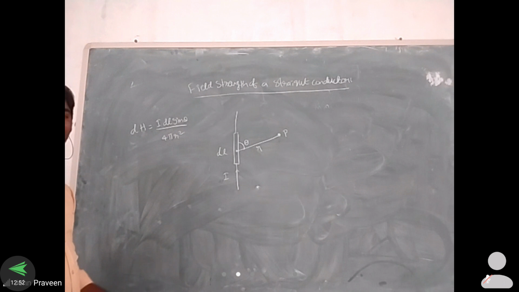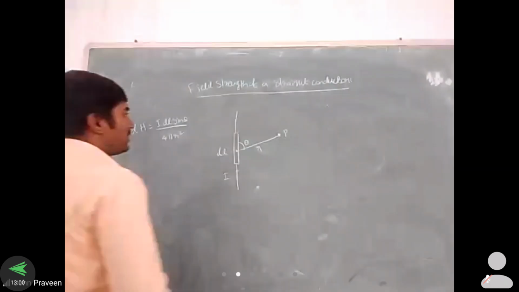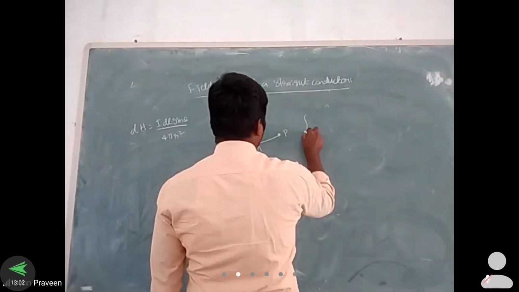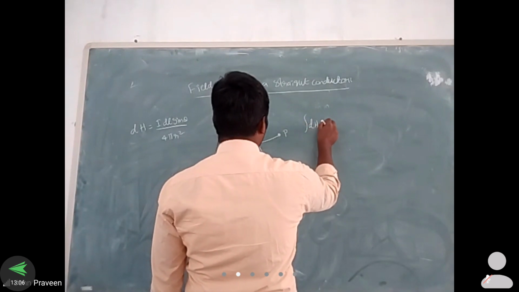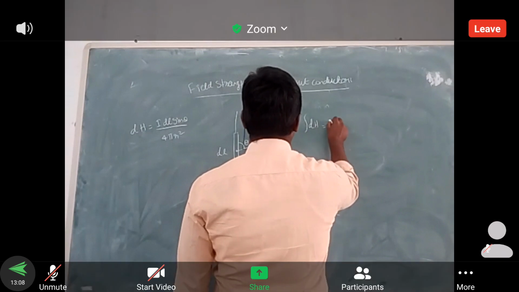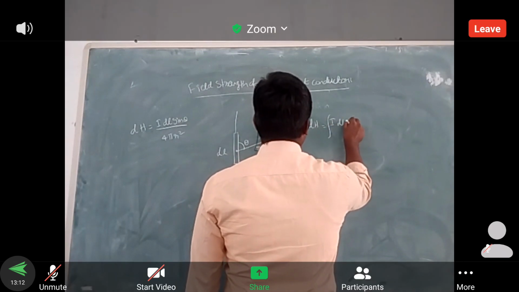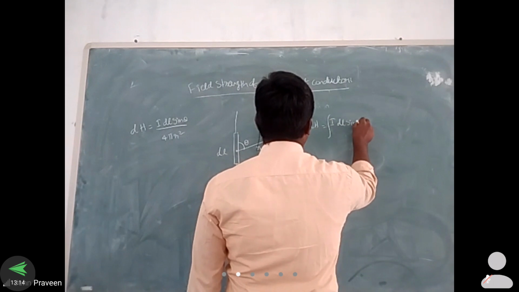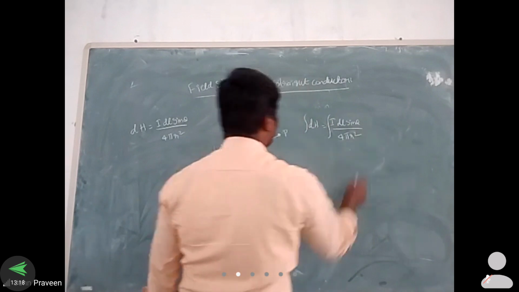So just we are taking the integration. We apply the integration on both sides. So integral of dH is equal to integral of I into dl sin theta by 4 pi r square.